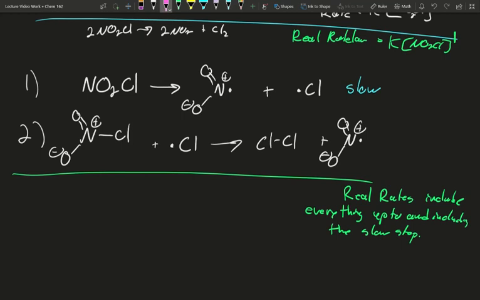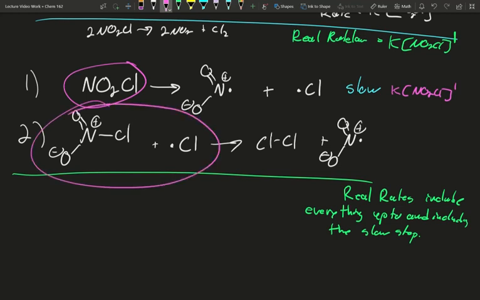So before even figuring out which is slow, we could say the first one would be equal to K times, well, we have one starting molecule, so NO2Cl to the first power. The second step involves 2 things. It has some other K, it has one starting molecule, but it also has one Cl radical.